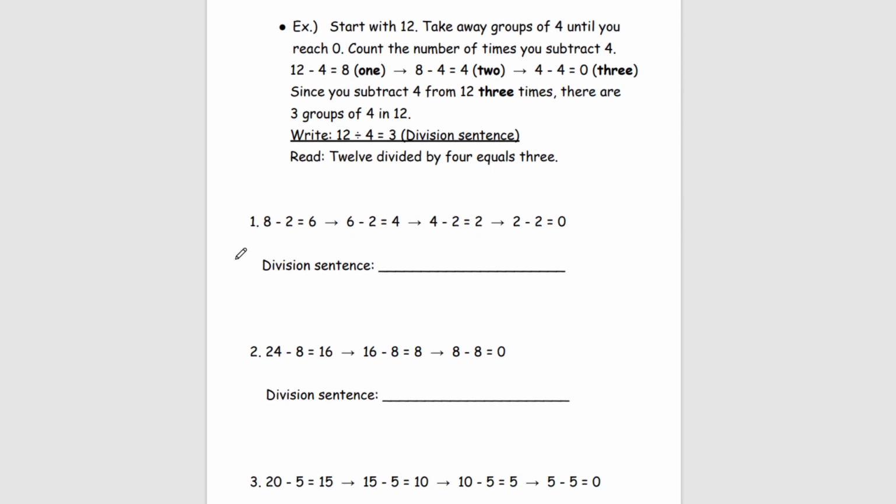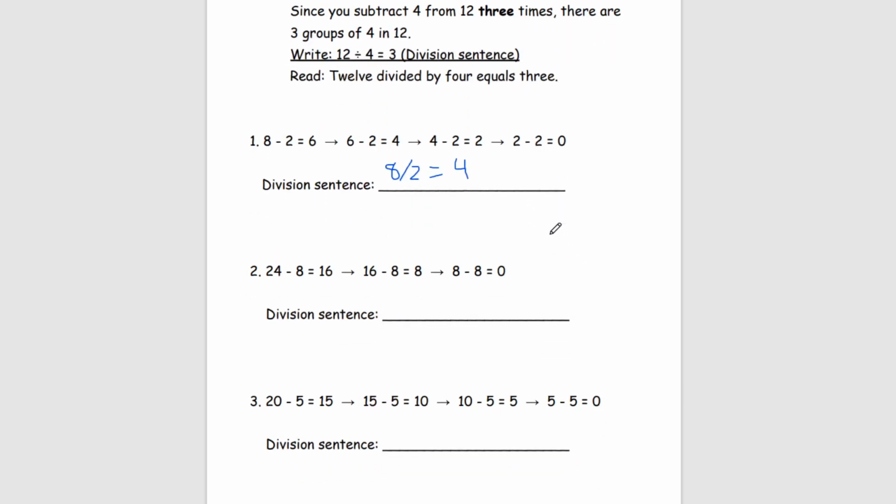So let's look at number 1. Using the example, we see that 8 minus 2 4 times will eventually get us to 0. So that tells us that 8 divided by 2 equals 4, because as we see, you subtract 2 4 times and it'll get to 0.